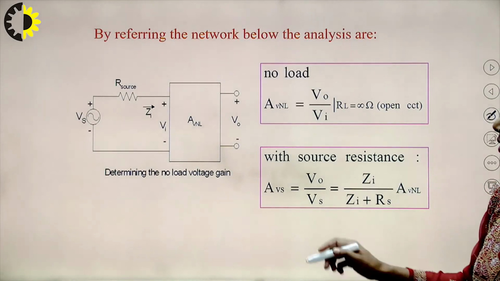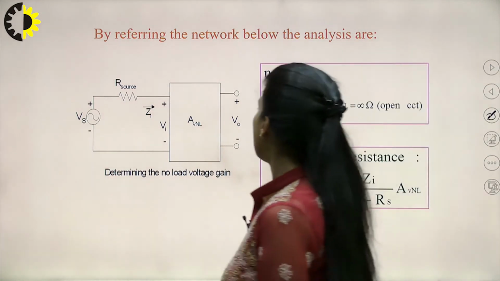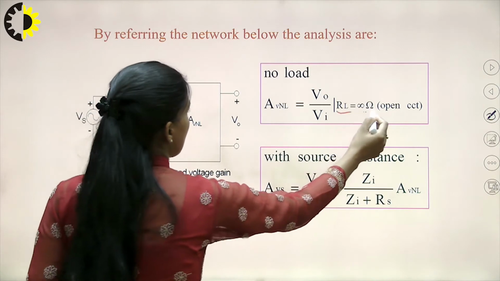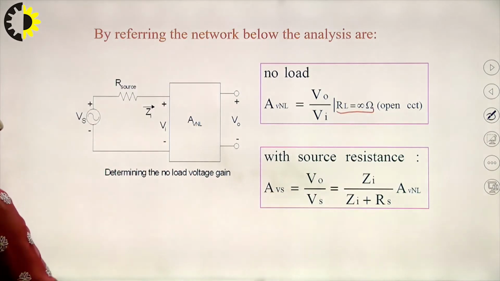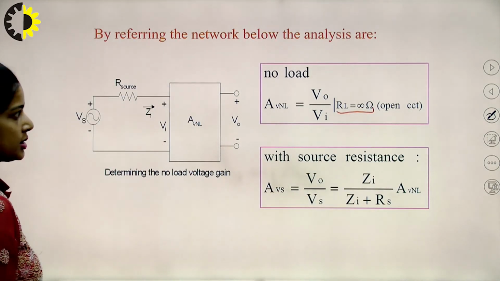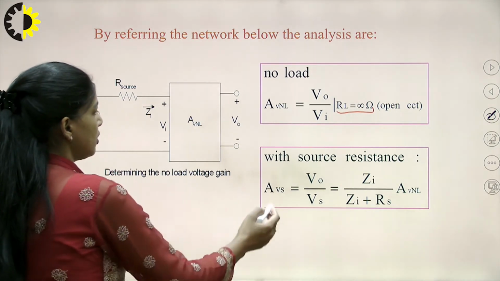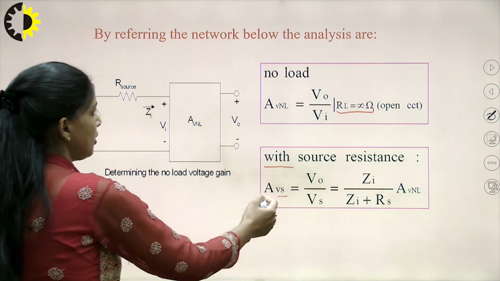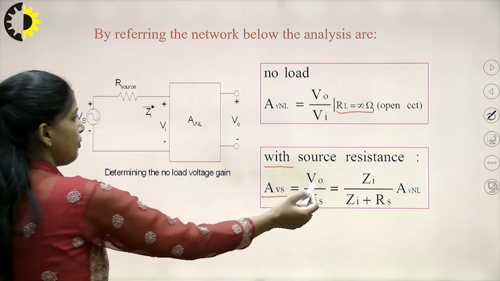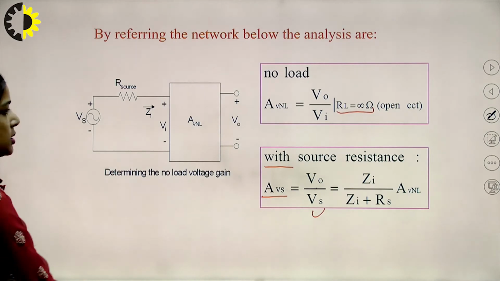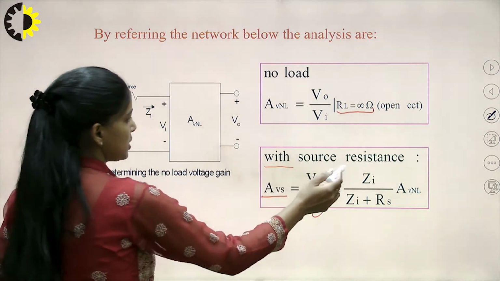With this network, we can write V naught upon V1 when RL is equal to infinite, that is, the load resistance is not there, it is open circuited. With the source resistance we have V output upon V source. This is the difference with the source resistance.